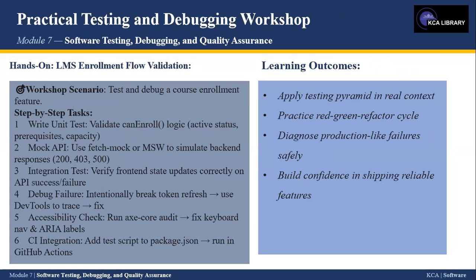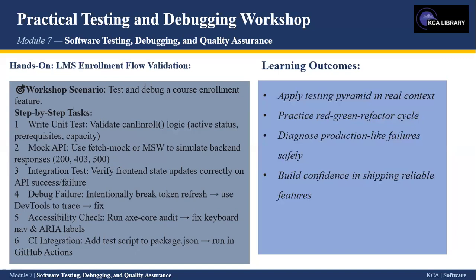Let's apply everything. Workshop scenario: test and debug a course enrollment feature in an LMS. The tasks are: write a unit test for can-enroll logic, status, prerequisite, and capacity. Mock API responses. Write an integration test verifying front-end state update.